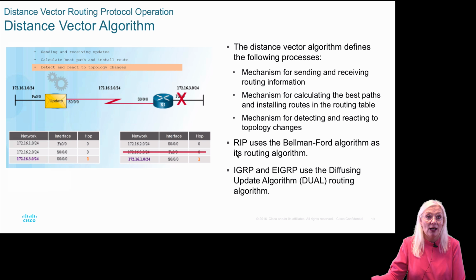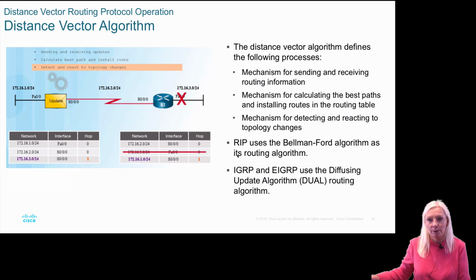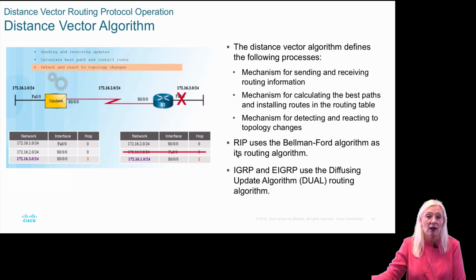The distance vector algorithm is quite simple. It's called the Bellman-Ford algorithm, and it finds the best path by using, for instance, how many hops we need to get to a remote network. EIGRP uses something called DUAL. It's more complex, the way that it calculates the best path.